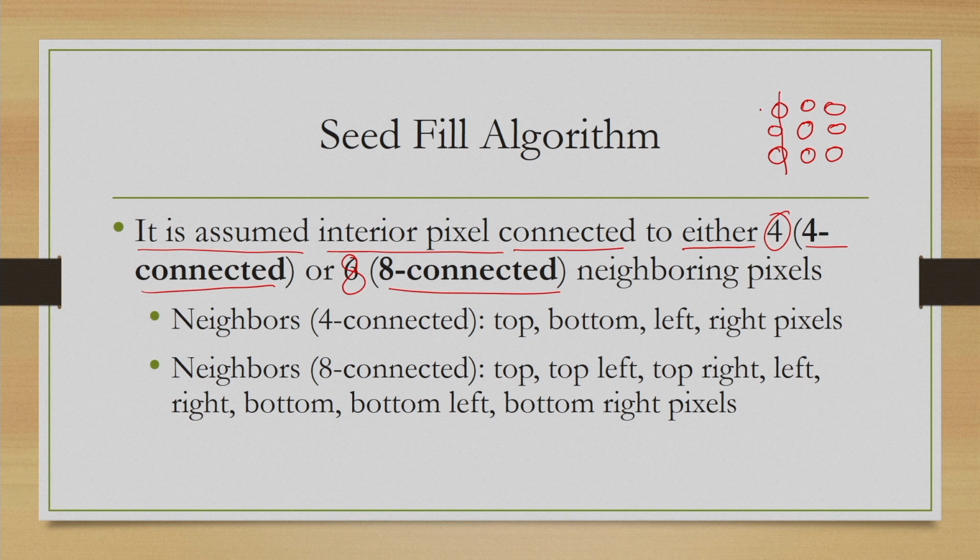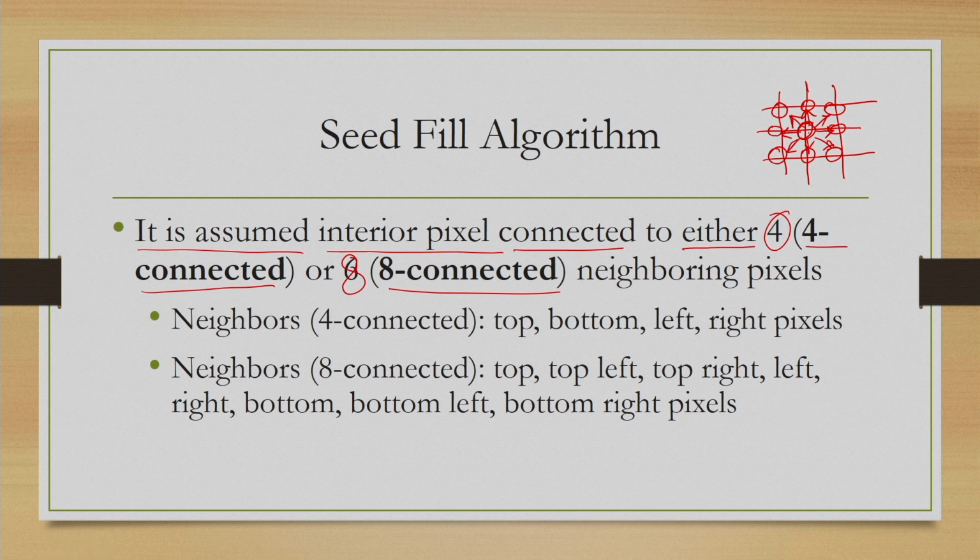If this is the grid where the circles show the pixels, then these pixels can be assumed to be connected to either 4 neighboring pixels or all 8 neighboring pixels. Accordingly, the nature of connection is called 4 connected or 8 connected.